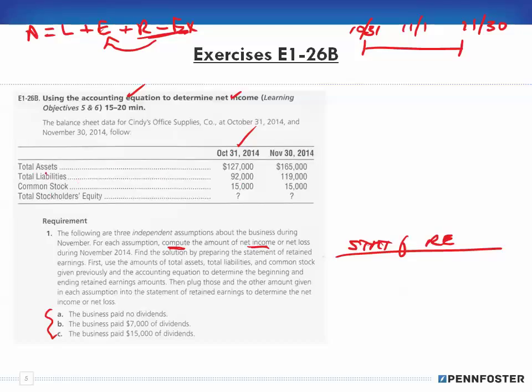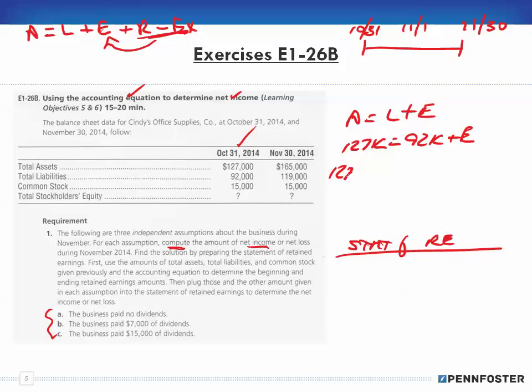The first thing here, we notice that we have assets, liabilities, and equity. We don't know what the equity is. So our accounting equation is this. Let's first figure out what our total stockholder equity is. So for October, it's 127,000 is equal to 92,000 plus the equity.